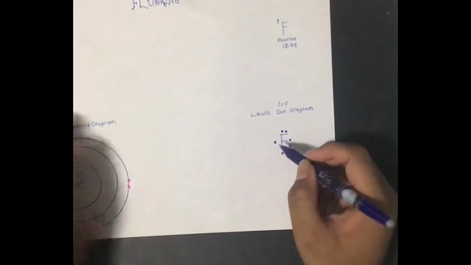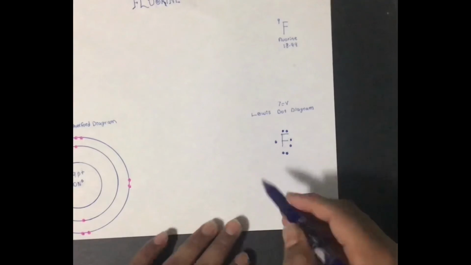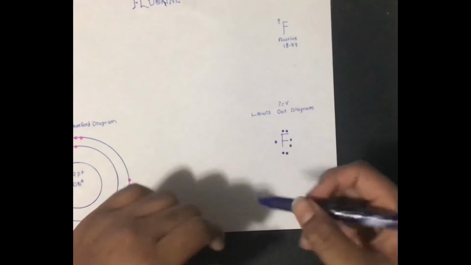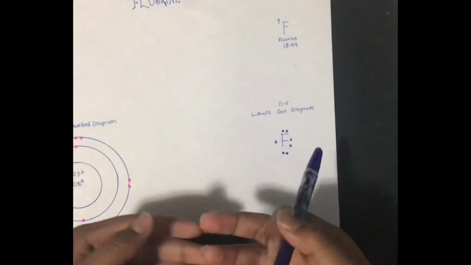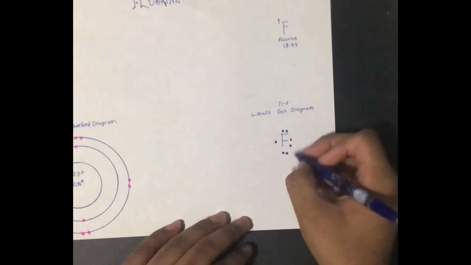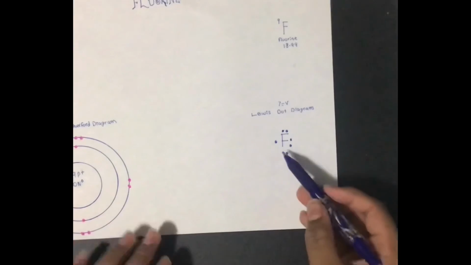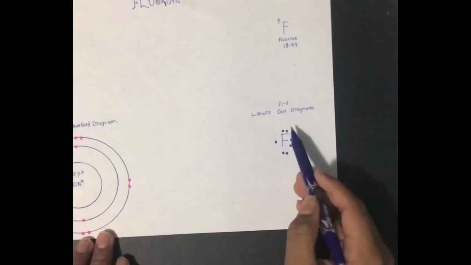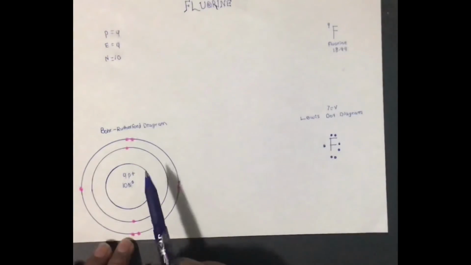Again, you could draw this any way you want, but if you use the clockwise, it will be much more helpful and it will ensure that you're doing it correctly. So also there shouldn't be any space over here. So this is how you draw the Bohr-Rutherford diagram and the Lewis dot diagram for fluorine.